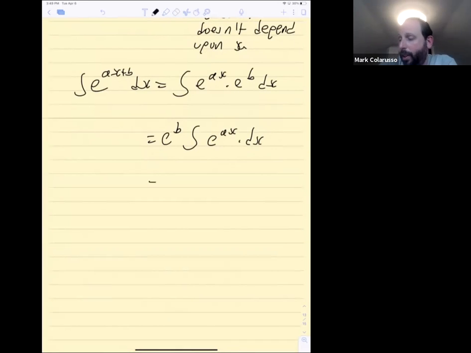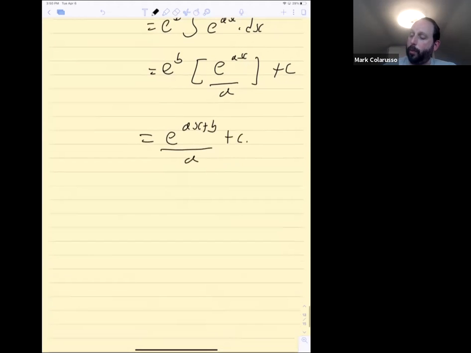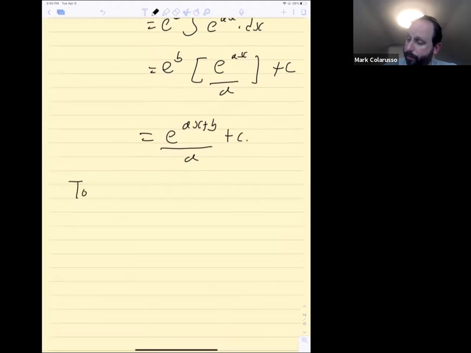We've done e to the kx, but this is e to the ax, it's the same thing. So it's e to the b times e to the ax over a, plus c. And to look good, we can put the e to the b back in there. So it's e to the ax plus b over a plus c. To summarize, we have a new integral formula.